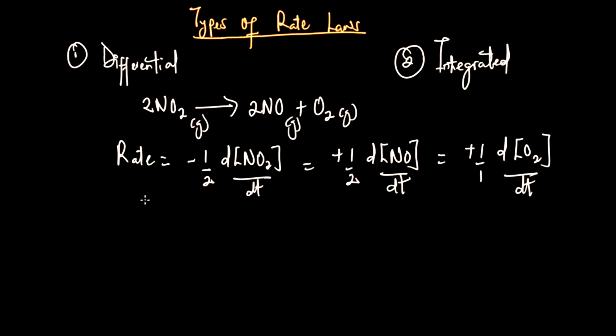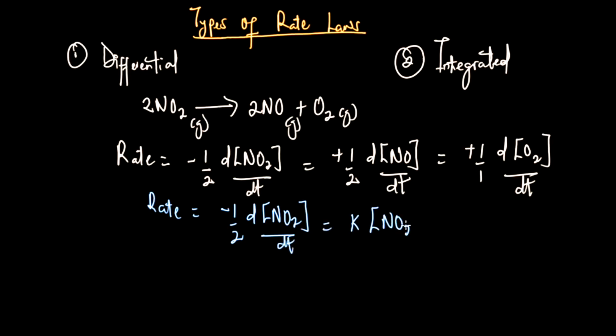We might also write this as rate equals k[NO2]^n. We can write it either in this form or in this form.